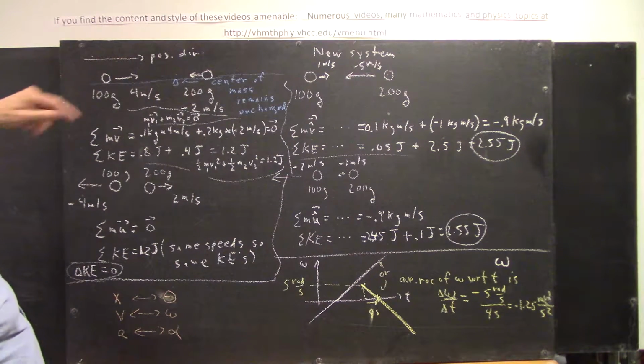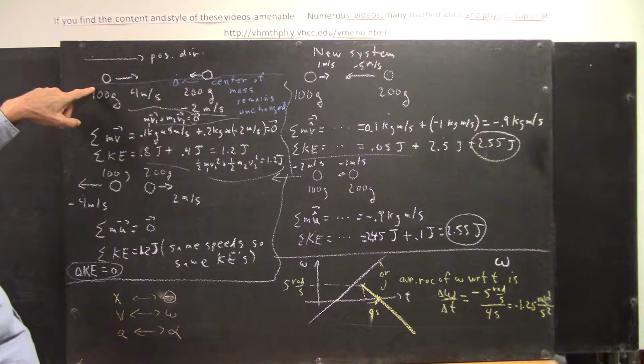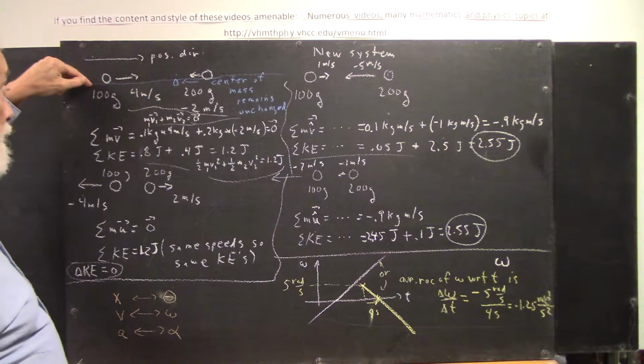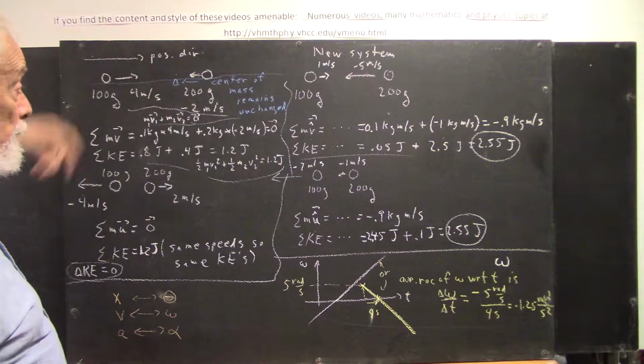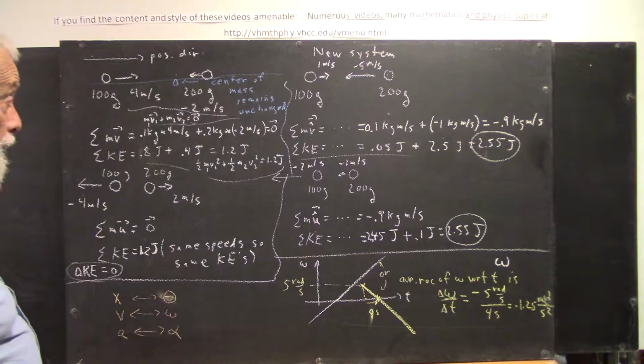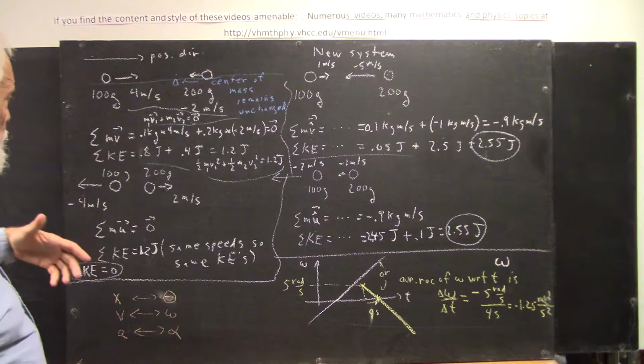Okay, if we just had this mass and a fulcrum here, let's assume we have no significant mass of the supporting entity, whatever this is, a meter stick or whatever, assuming this mass is a lot larger than that of the meter stick, so that the mass of the meter stick is negligible.